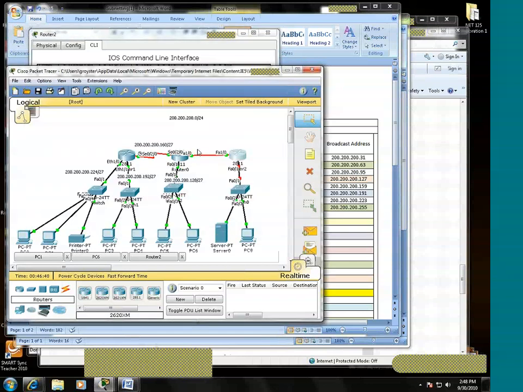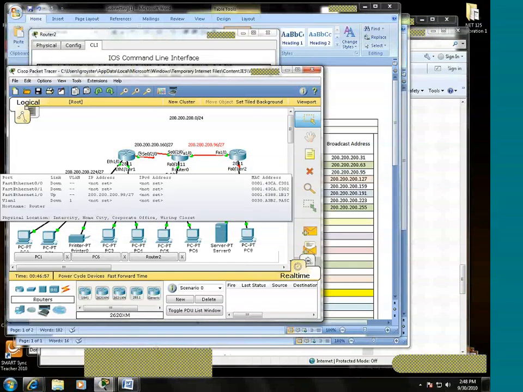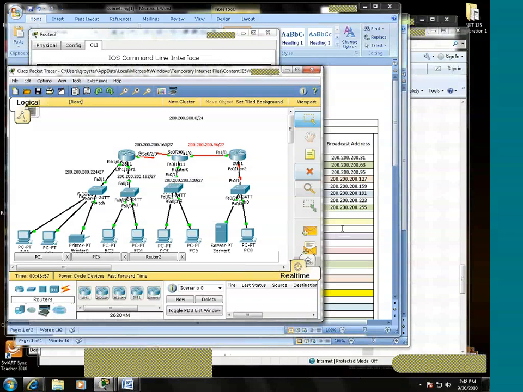Let's do some housekeeping. Let's go ahead and label this network. What network is this? 96/27. All right. One more network, and it's going to be the 64 network.